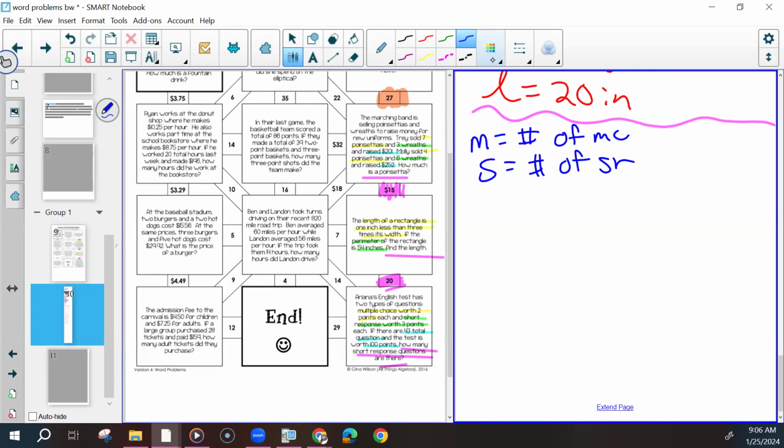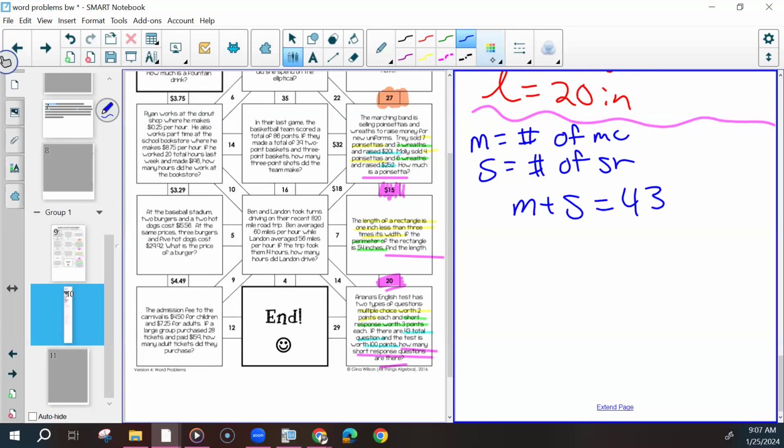How would we set up these 2 equations? That'll be one of them. M plus S equals 43. Number of multiple choice plus number of short response would equal the total number of questions.